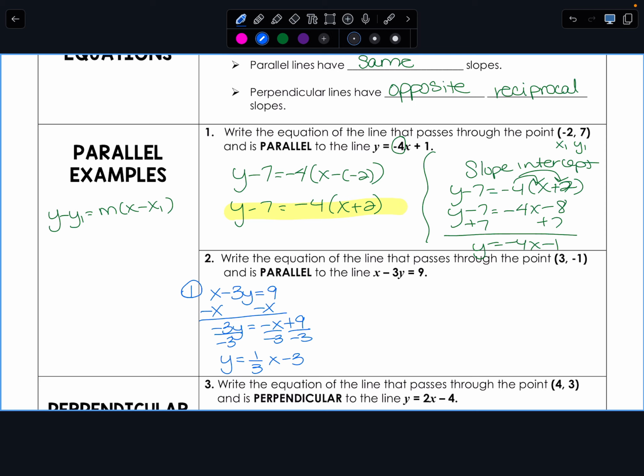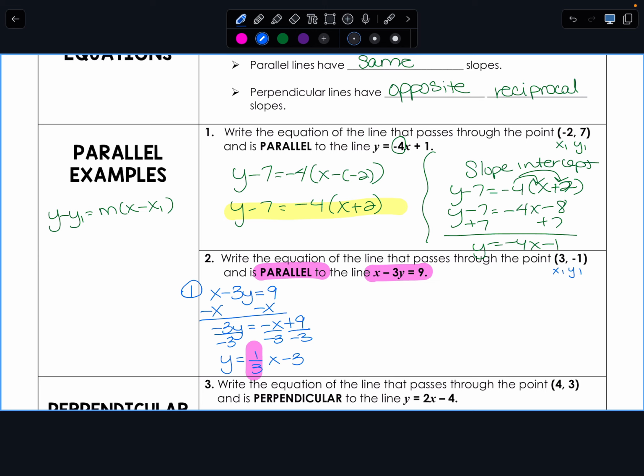I say nobody cares because nobody does care. The only thing I actually care about is my slope, because I want to know what slope is parallel to that standard form line. I don't care about anything else. Who cares about what the y-intercept is? Like, I don't care.